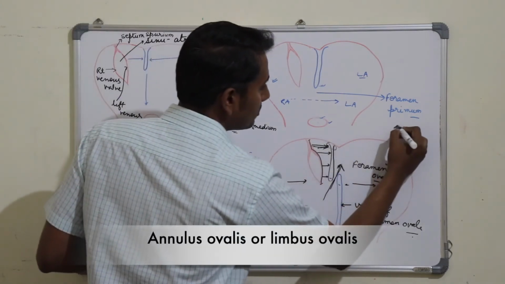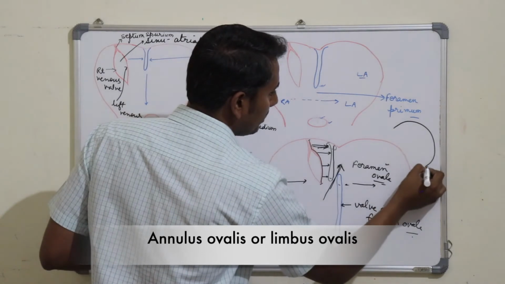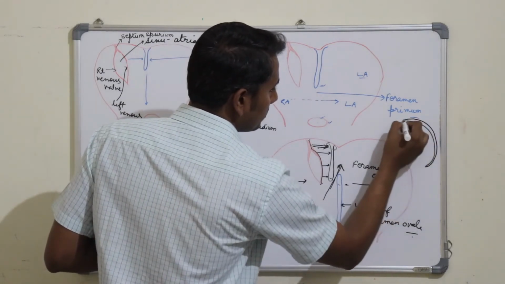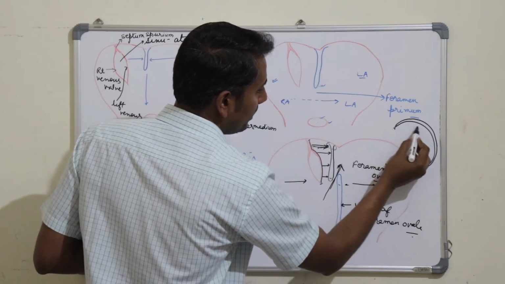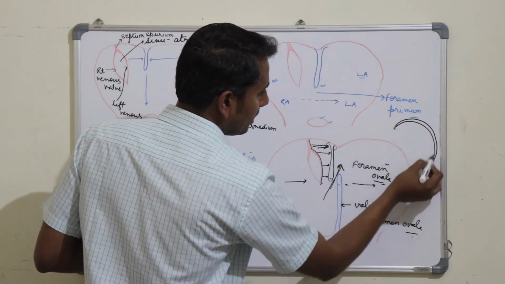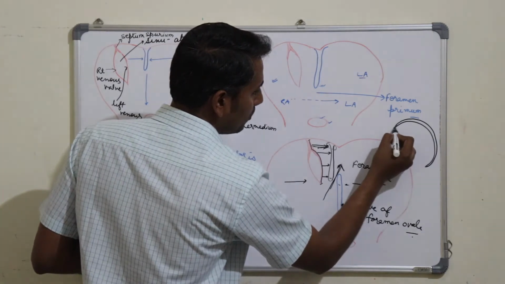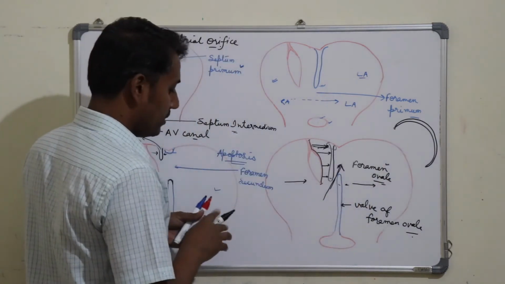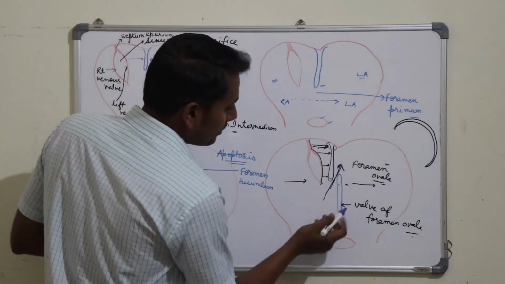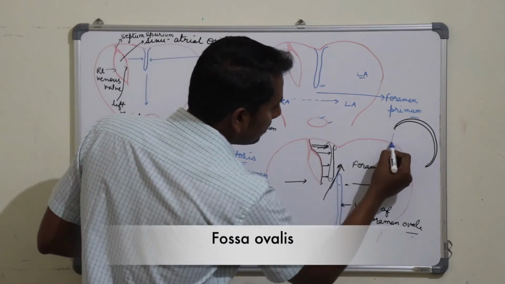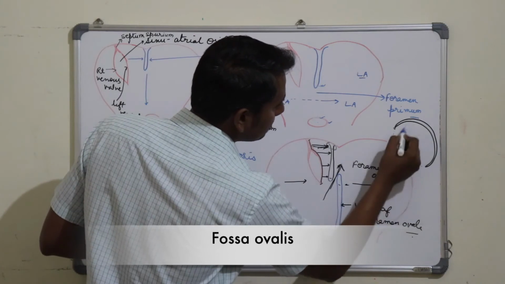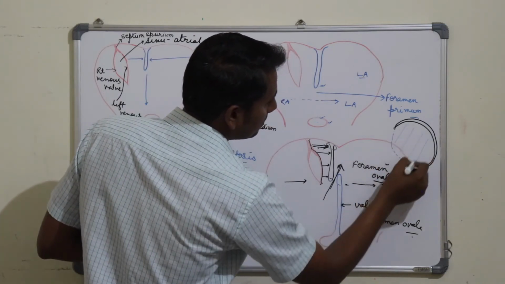annulus ovalis or limbus ovalis that surrounds the fossa ovalis from the superior as well as the anterior part, and a small part posteriorly also. And the septum primum will form the fossa ovalis, this area.